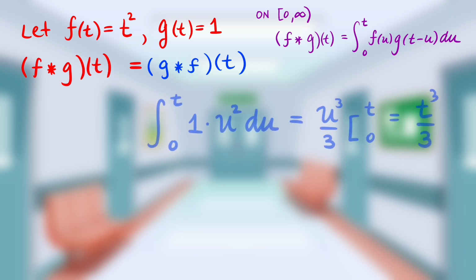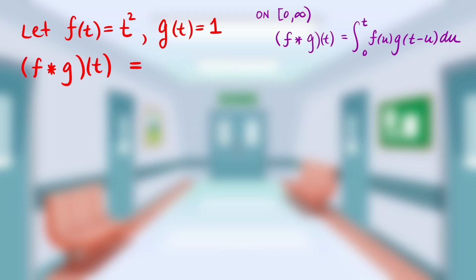Since convolution is commutative on the interval from 0 to infinity, we get the convolution to produce the function t cubed over 3. Now, the integrals are not terribly difficult to do, and sometimes using the commutativity property that you can switch the order of g and f makes doing these integrals very nice.